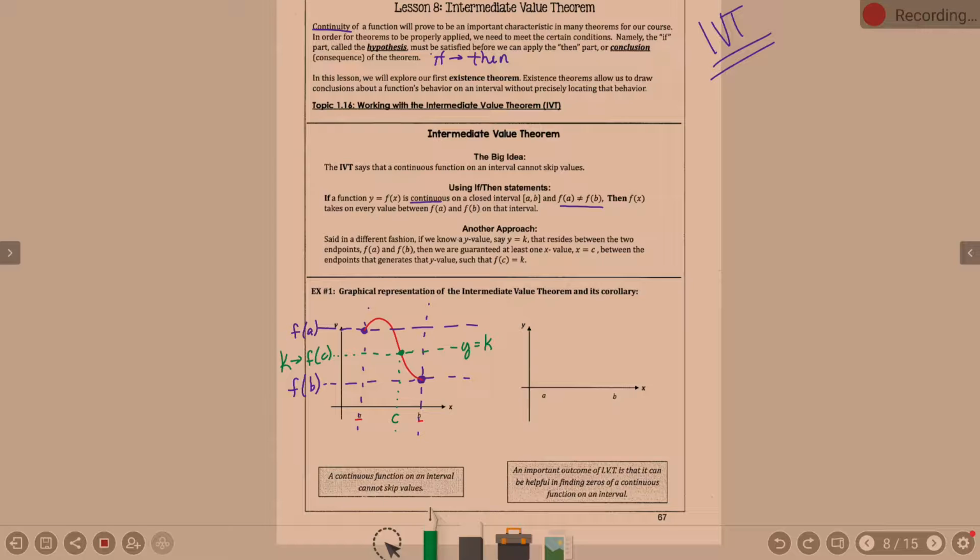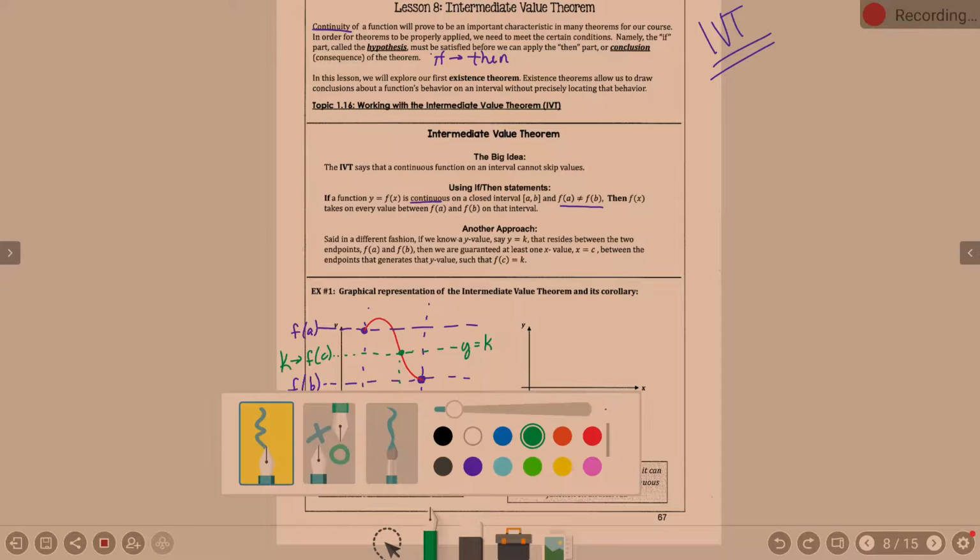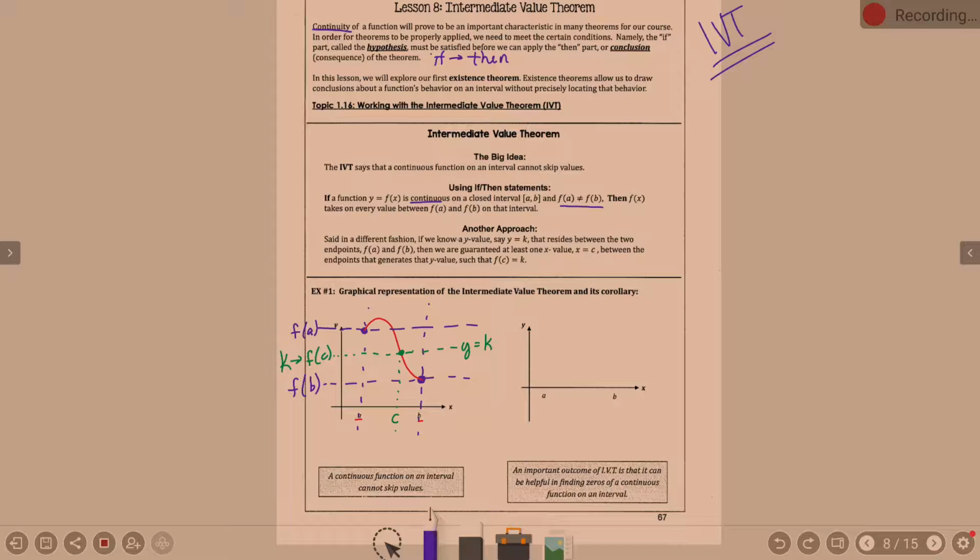Okay. This one, I did a decreasing function here. I was going to do an increasing function over here. There's A and B, yes. And I'm going to pick a low point on A this time, a high point on B this time.